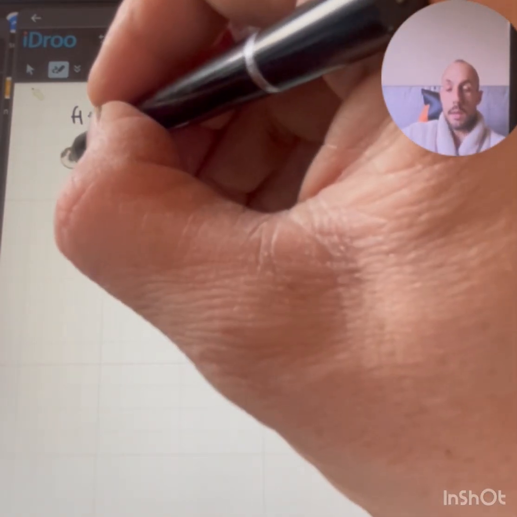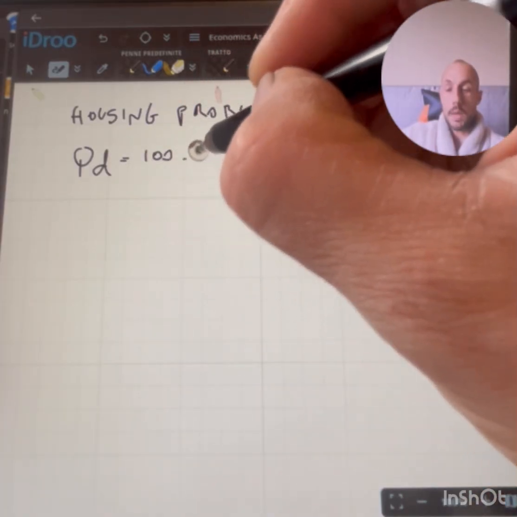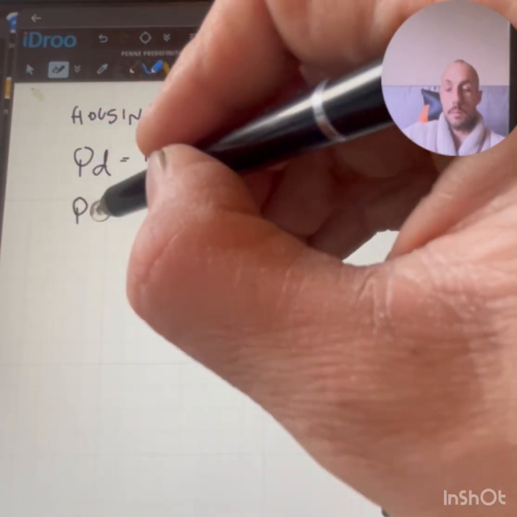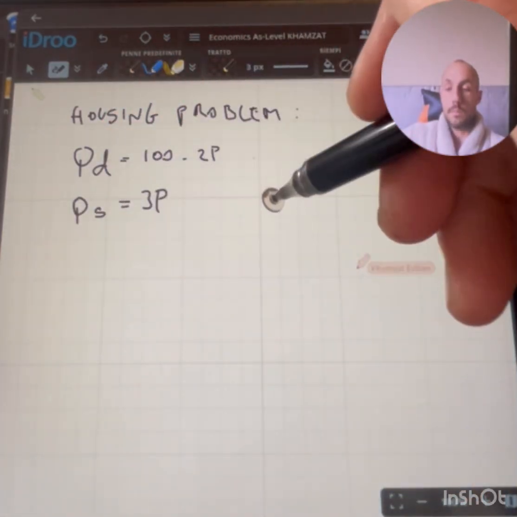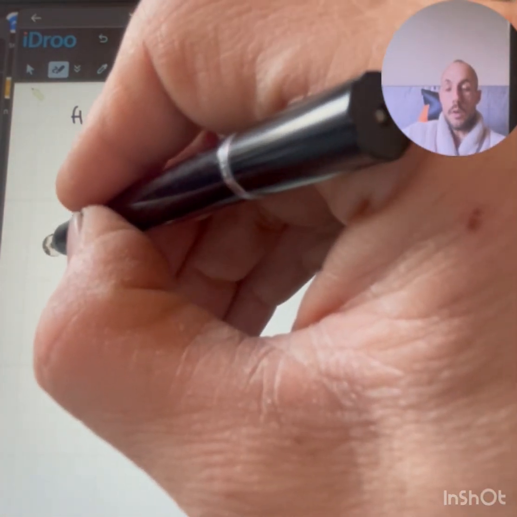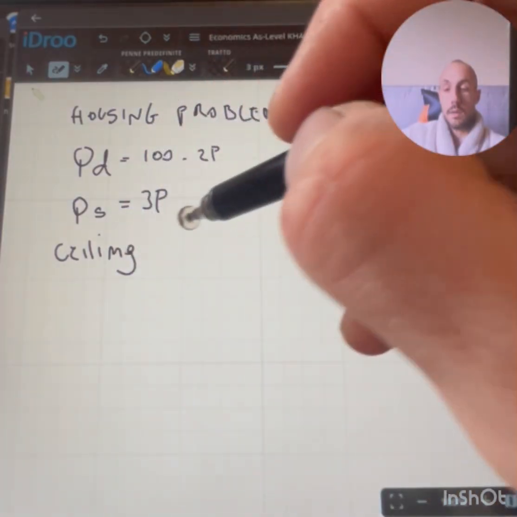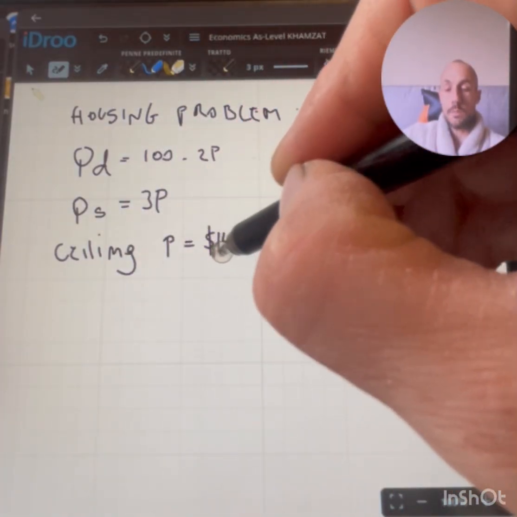So the demand for housing goes like 100 minus 2p, and the supply goes like 3p. The government introduces a ceiling at p equals $15.